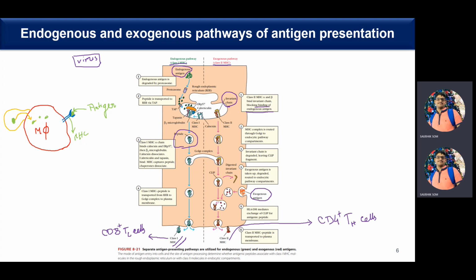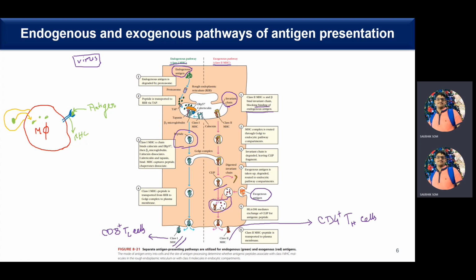In Golgi complex, this invariant chain goes off, and at some point it's circulating inside the cells. At some point it fuses with the exogenous antigens, which come through receptor mediated endocytosis, and these two vesicles, as you can see, are fusing here.